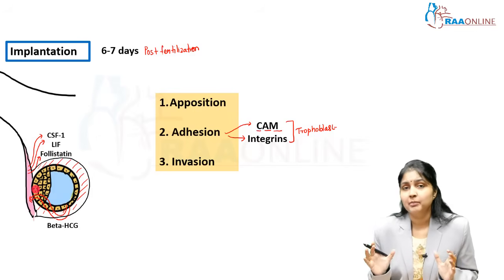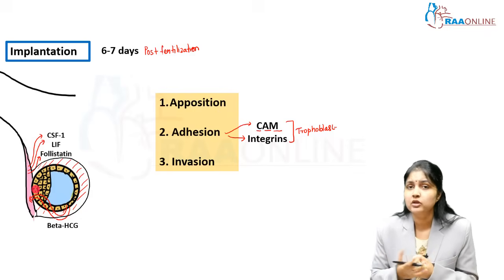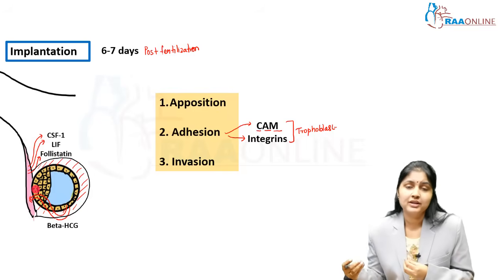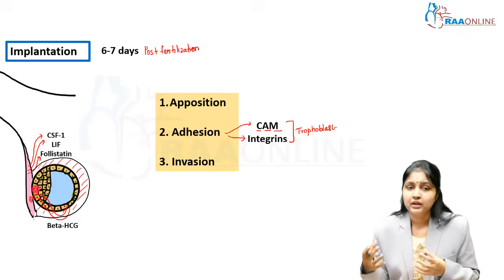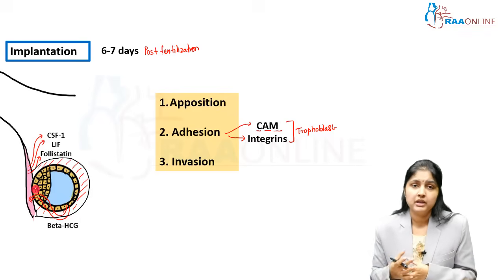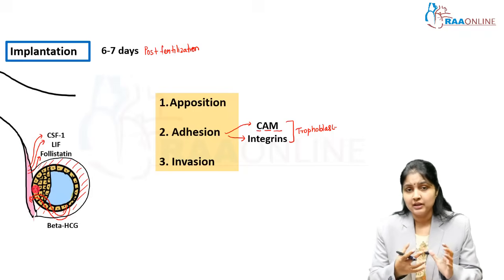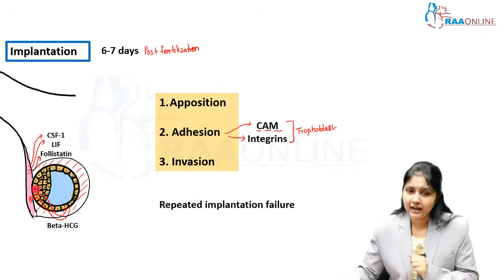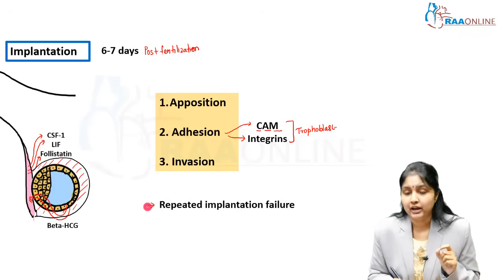If there is a mismatch between the endometrial or decidual receptivity and the day the embryo is transferred into the uterus, for example in IVF pregnancy, if the transfer is done a few days earlier or a few days after the time that the endometrium is ready to receive it, it can lead to repeated implantation failure in IVF.